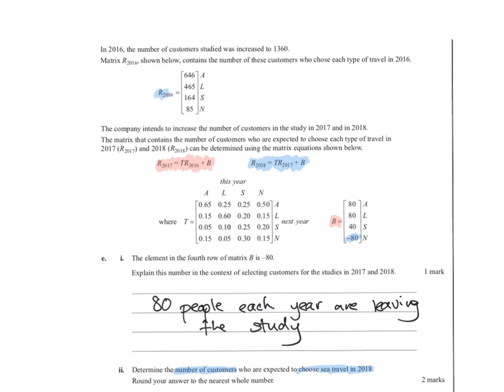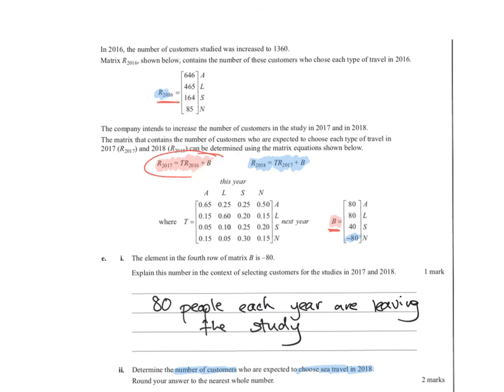We're going to find 2017 using this recurrence relation. In your calculator, you'd put T in, times it by the year before, which is 2016, and add this B, and that'll get you 2017. Then I'll just rub it out and do it again.